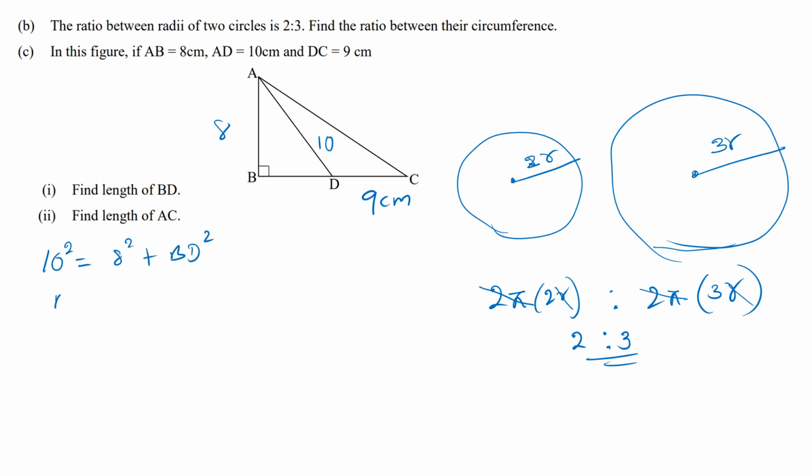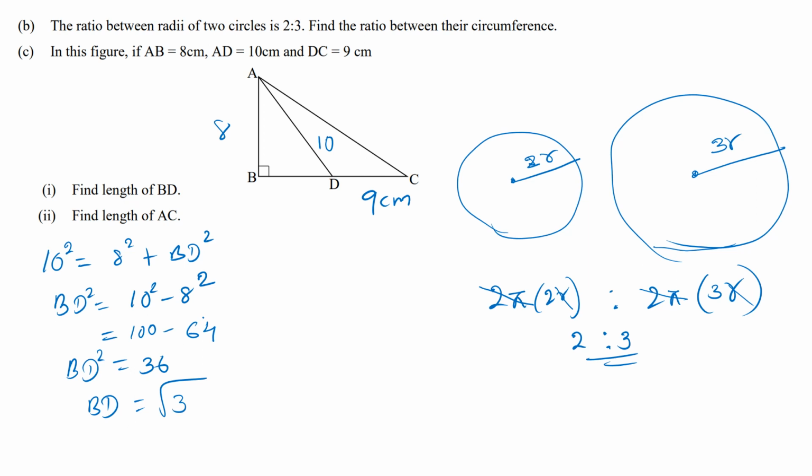So BD squared is equal to 10 squared minus 8 squared. This means 100 minus 64, and this is 36. BD is root 36, that means 6 centimeters. BD is equal to 6 centimeters.